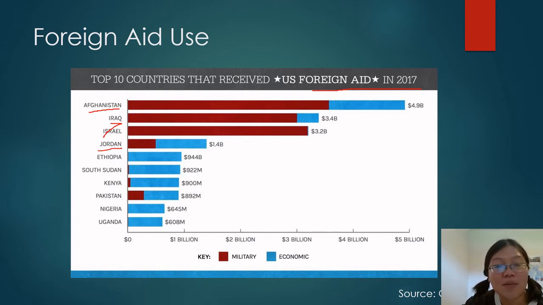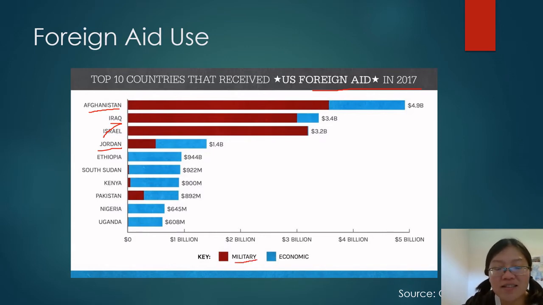Israel is not that surprising, but Afghanistan and Iraq do not traditionally have the best relationship with the United States. But because the United States had military intervention in these countries, you can see that the major proportion of the foreign aid provided is military assistance, the red color.